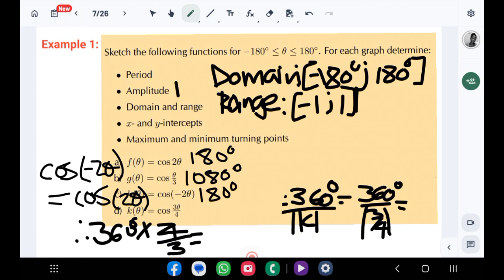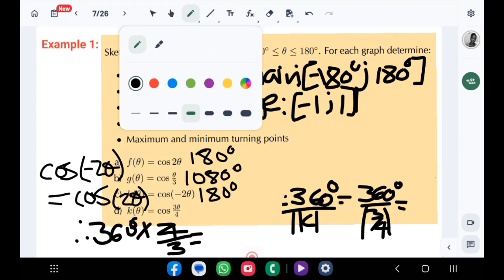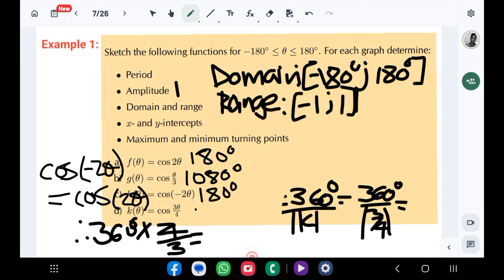Take out a calculator, 360 multiplied by 4 over 3 equals 480 degrees. So we have 480 degrees as our period over here. Why is this important? This helps us figure out what the milestones are.